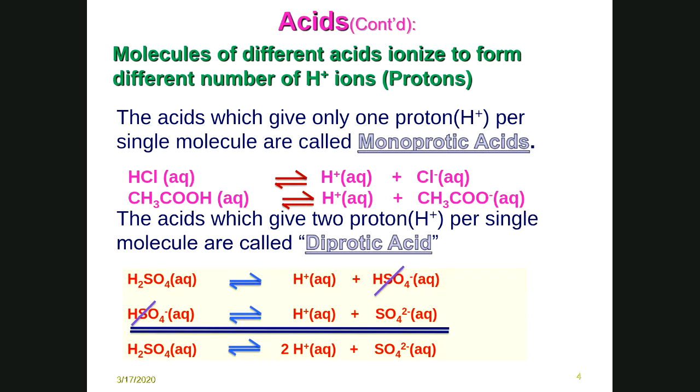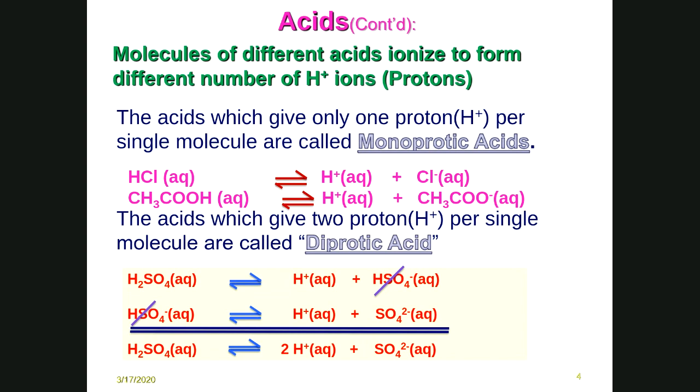Protic means proton, and acids that give one proton are called monoprotic acids. Examples are hydrochloric acid, HCl, or acetic acid, CH3COOH. When you dissolve them in water, they dissociate into their charges, forming an H plus ion and the negative part of the acid. In this case, it's the chloride ion; in the other case, the acetate ion.